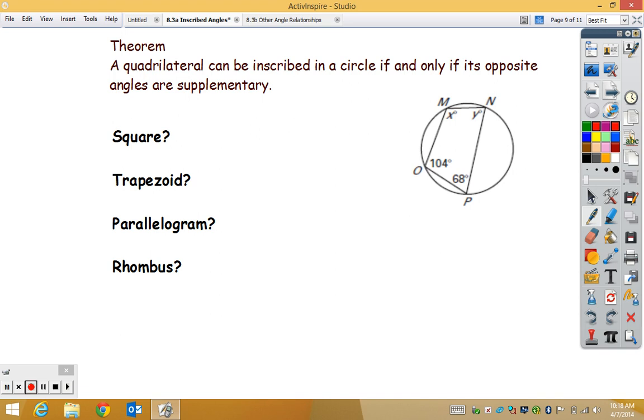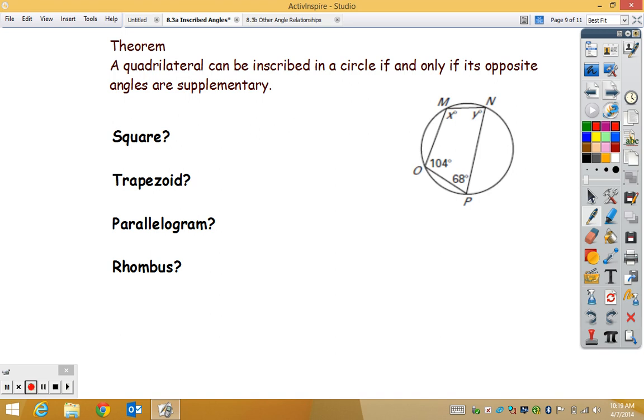Okay, one final theorem. A quadrilateral can be inscribed in a circle if and only if its opposite angles are supplementary. So that means the opposite angles have to add up to 180 degrees. So for this to be true, right here, angle X has to equal 180 minus 68.